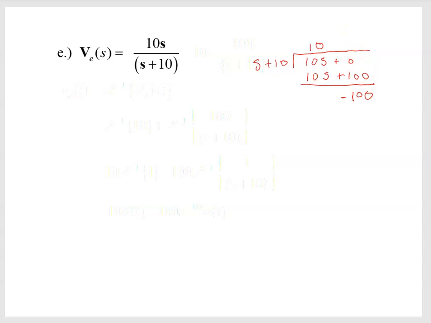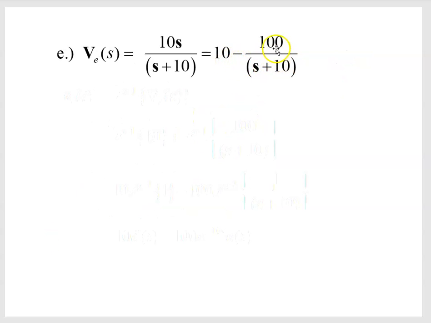Our result then is 10, the remainder, minus 100 over the divisor s plus 10. So we can write this as 10 minus 100 over s plus 10, and that we can take the inverse Laplace transform of, because they're both rational functions.